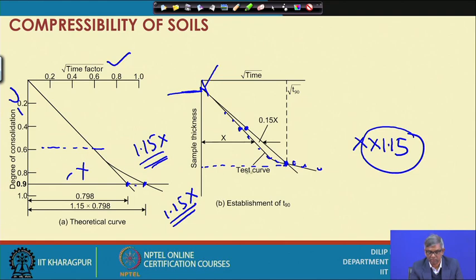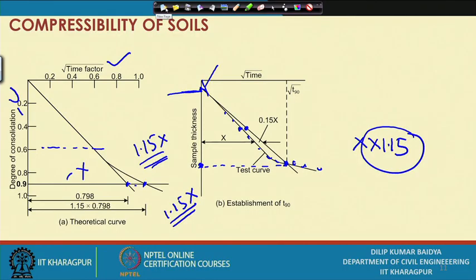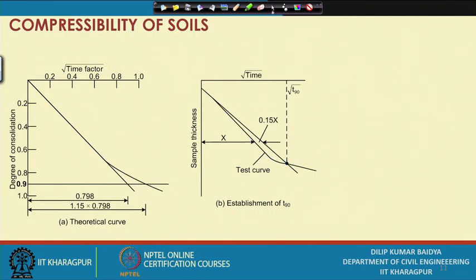I can now find out this is the original thickness and this is at 90%. So, degree of consolidation 90%, T90 you can find out, and then relate and find out the Cv by using the relationship we have.